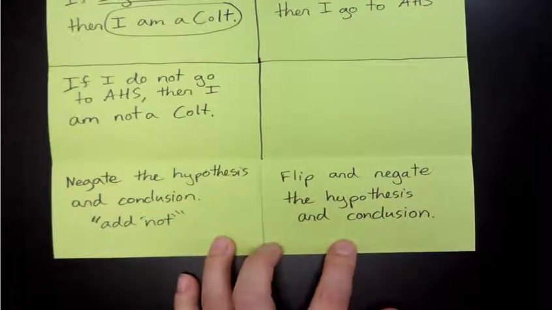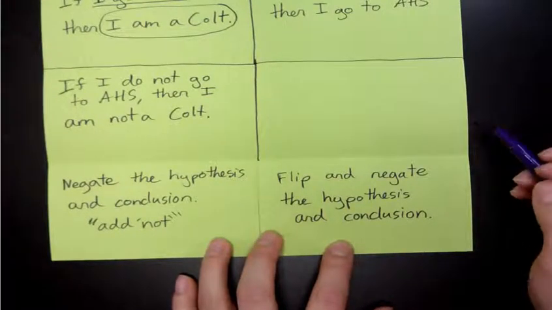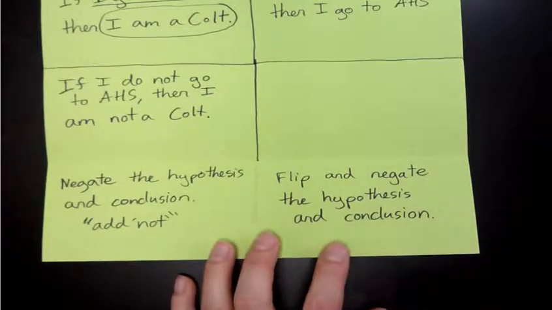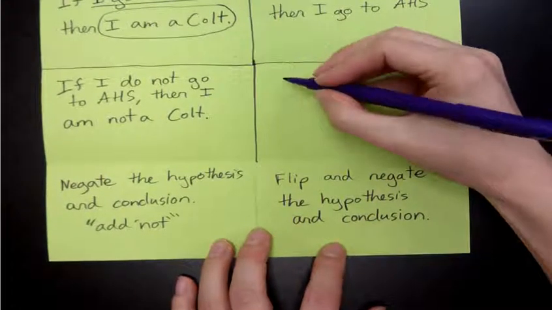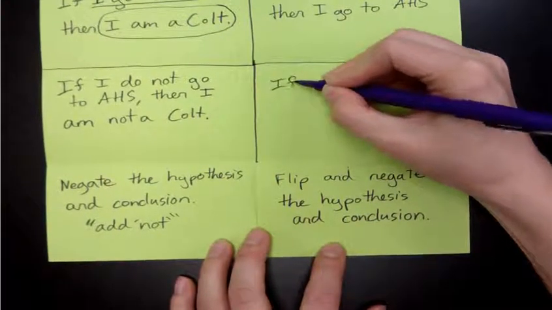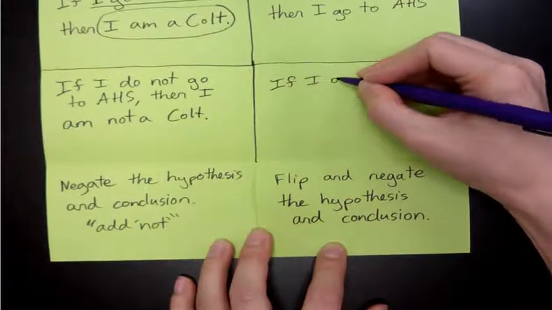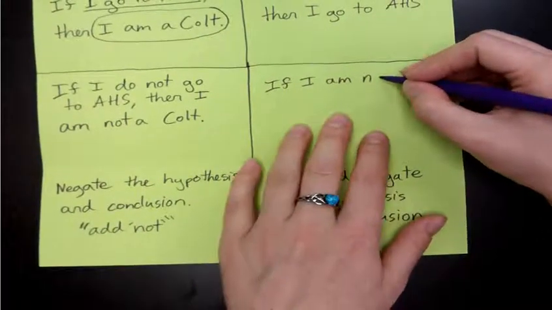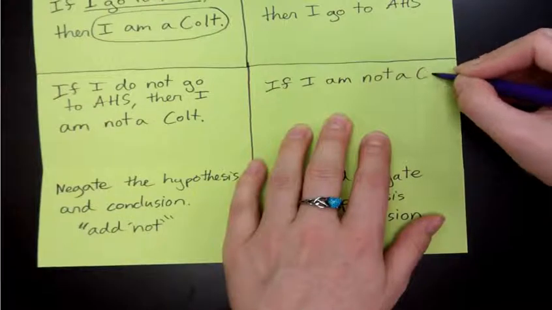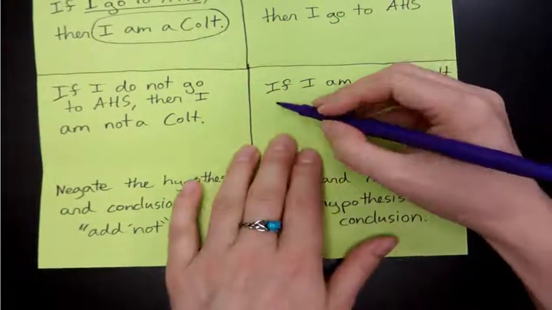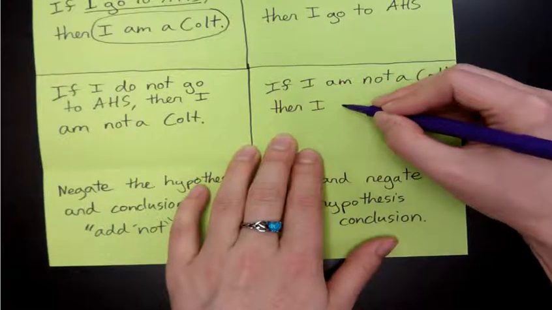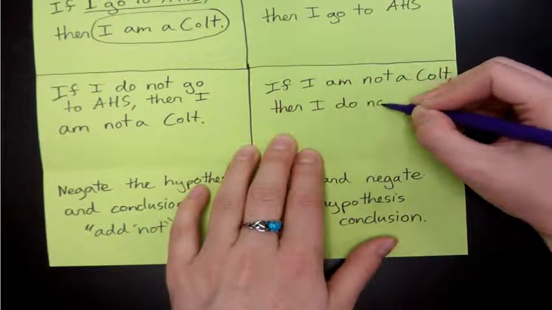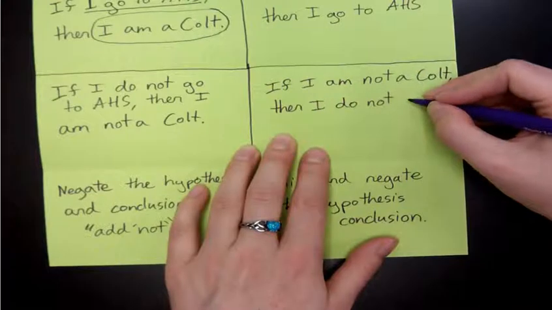Anyone want to see if you can figure out what that would be? What do you think? If I'm not a cult, then I don't go to AHS. Perfect. So, if I am not a cult, then I do not go to AHS.